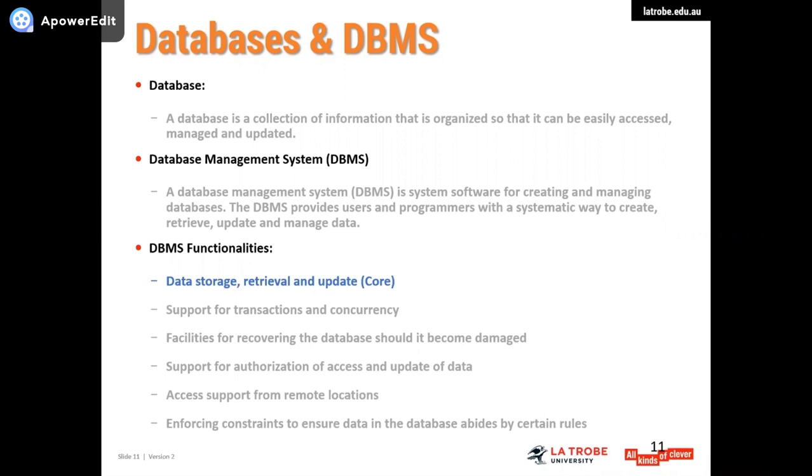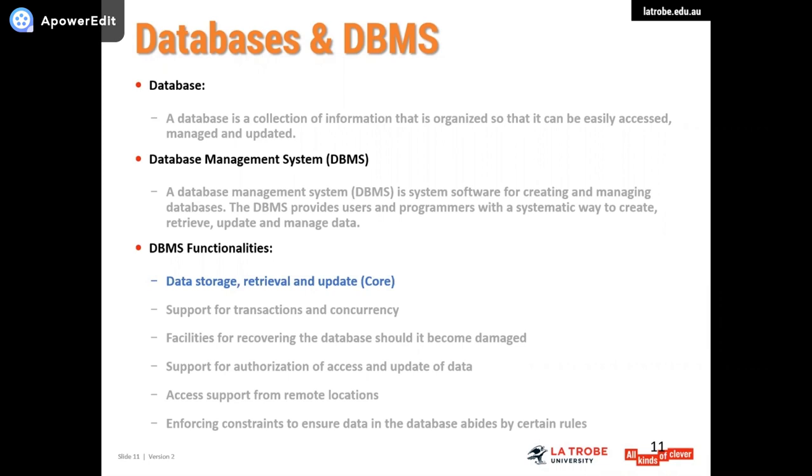And concurrency is also important. Database concurrency basically refers to the ability of the database to support multiple users and processes at the same time. Concurrency improves system performance and throughput, but not without its side effects. Then there are facilities for recovering the database should it become damaged.